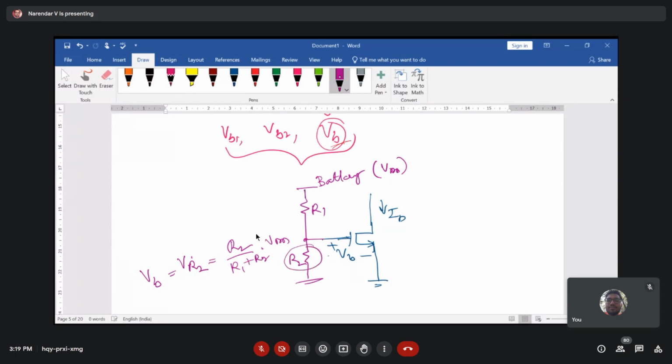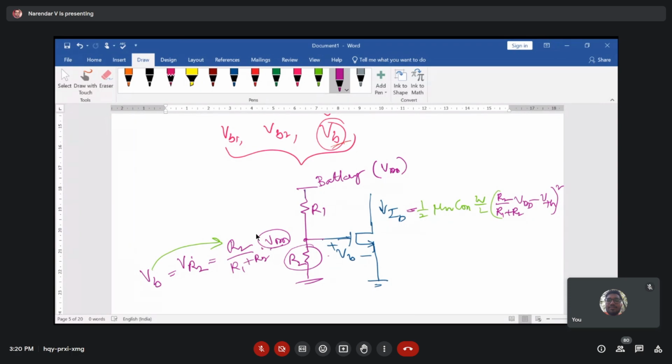Now you use this battery, VDD, and apply the potential divider circuit so that you can achieve the current here, which is ID, equal to half mu n COX W by L. Now VB is modified as R2 divided by R1 plus R2 times VDD, minus VTH, whole square. This is the current that we are talking about.